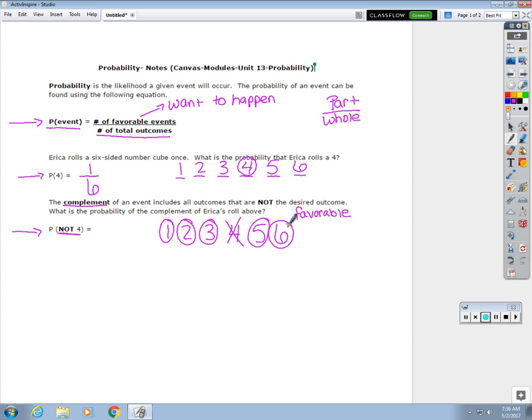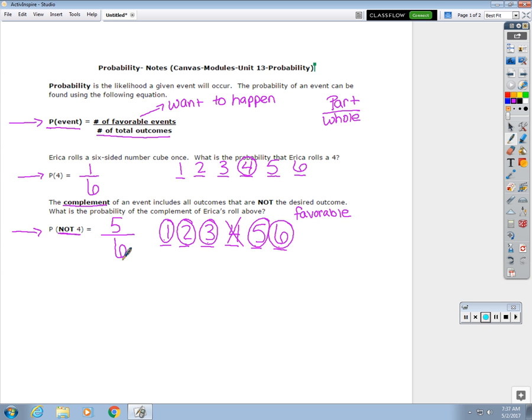Those are the favorable. We don't want to get a 4, so we're not going to include that in our favorable events. That means that we have 1, 2, 3, 4, 5 favorable out of our total, which is 1, 2, 3, 4, 5, 6. So the probability of not rolling a 4 is 5 out of 6, because there's 5 other things that she could roll.